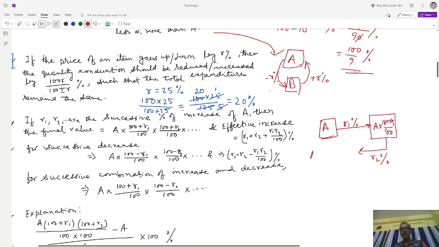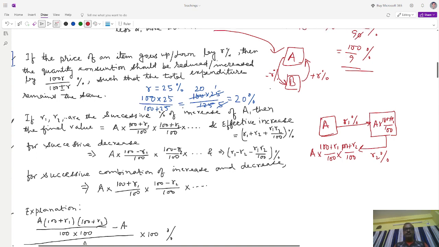This will be A into (100 plus R1) by 100 into again (100 plus R2) by 100, and so on. If it increases by R3%, then the expression will be again multiplied, taking the R3. Okay.